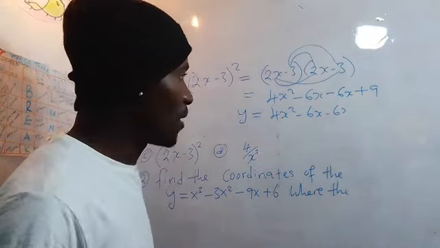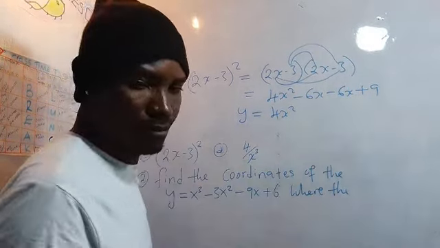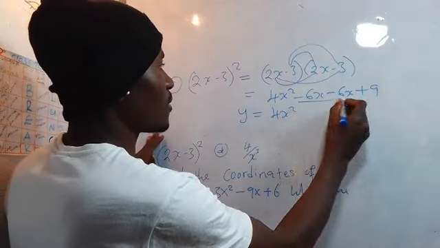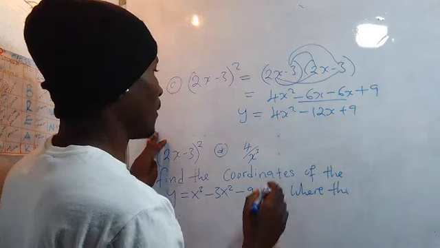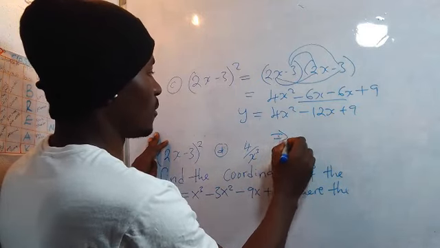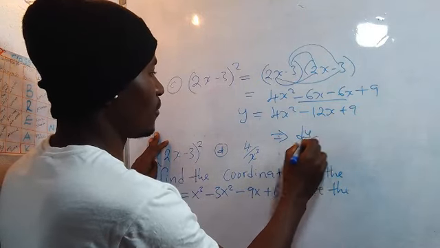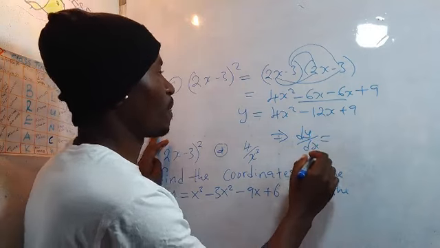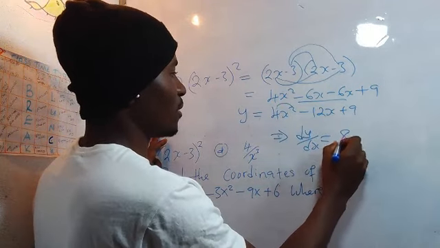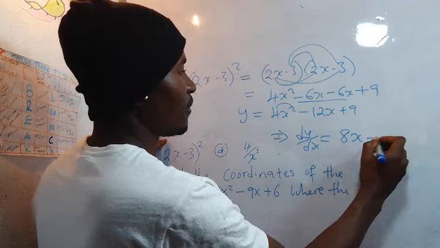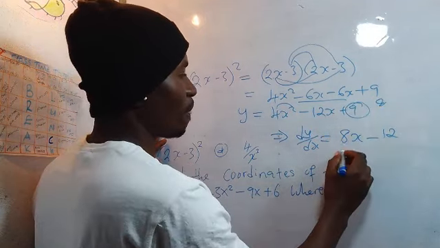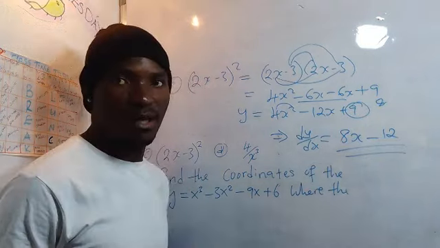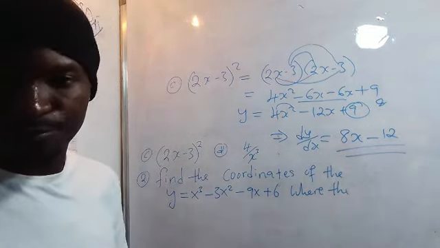Of course, that's going to be 12x plus 9. Okay, so now dy dx, this times that is going to be 8x minus 12. So this will give us 0. So 8x minus that. Okay.